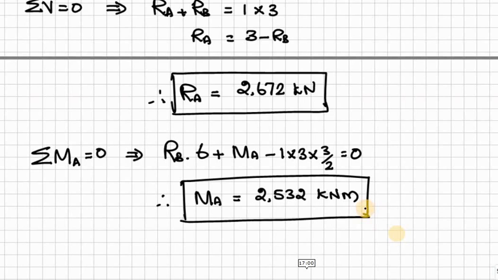But before drawing directly the bending moment diagram, we need some salient features of that bending moment. That is where the maximum bending moment occurs, where the bending moment is 0, that is the point of contraflexure. Everything we have to calculate, then only we can draw the bending moment diagram for this structure. Because these are simple structures, therefore we have to write all those steps.